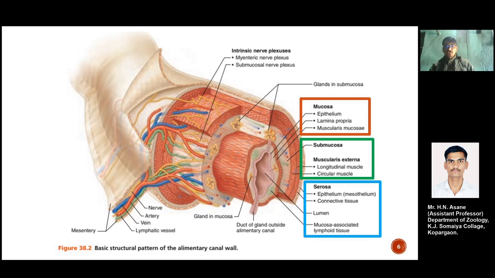As you can see, the lumen comes in contact with the glands in the submucosa, which have ducts. They are not ductless glands; they have their own ducts and secrete enzymes which are helpful for digestion. So this is the basic structural pattern of the alimentary canal wall.